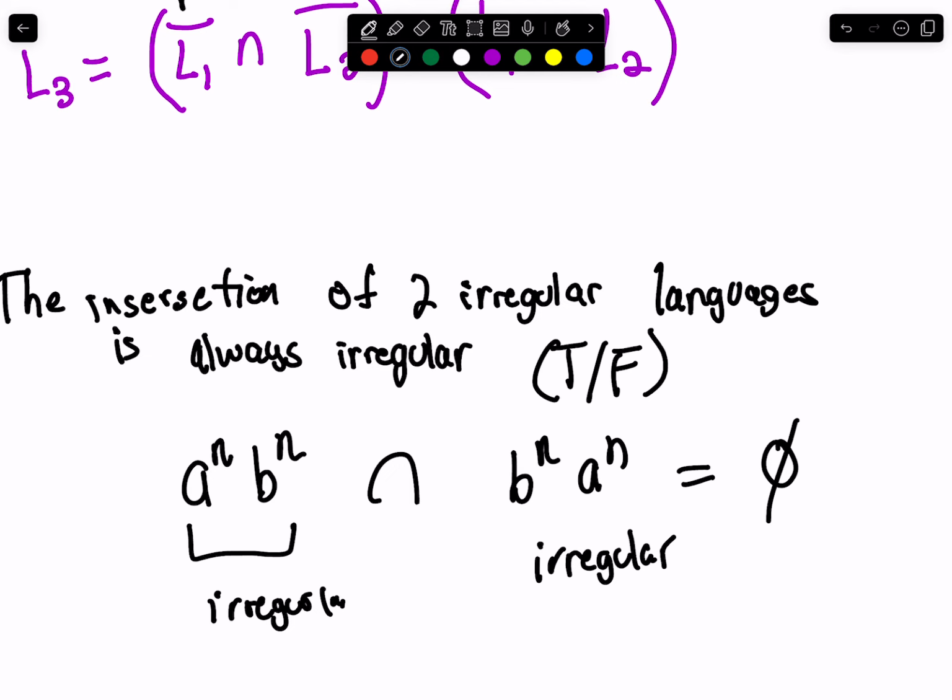If I say this language is the set of a to the n, b to the n, such that n is greater than or equal to zero, and then b to the n, a to the n, such that n is greater than or equal to zero, I'm sloppy with notation here, but they're two sets. So the intersection of two sets will always be another set.